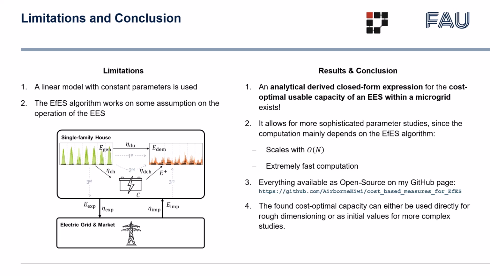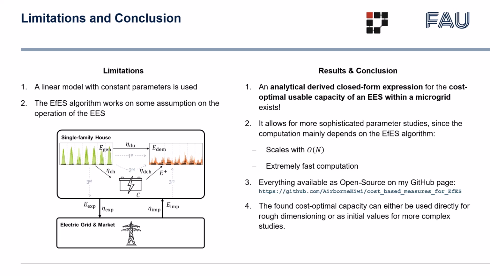And obviously, once you calculate the cost optimal capacity based on this expression and the algorithm, you don't have to stop here. You can still use it for more complex studies. So if you want to have an optimizer run on your physically more precise system, they still need initial values. So why don't you just get a really good estimate based on a linear model out of this equation and use it in the optimization problem that you might be interested in solving.